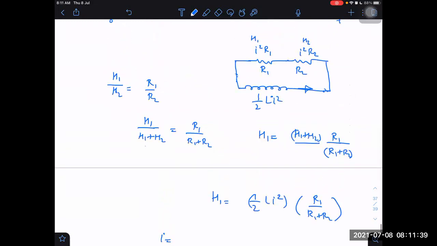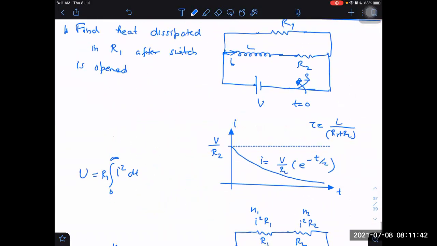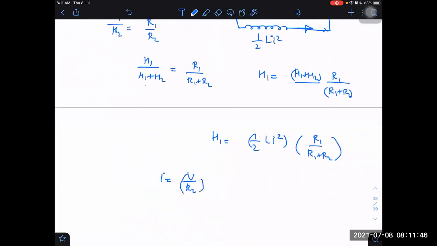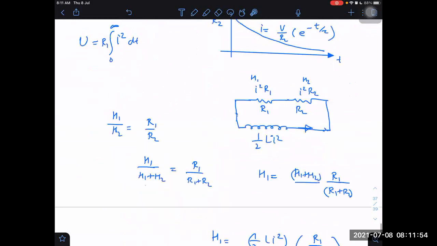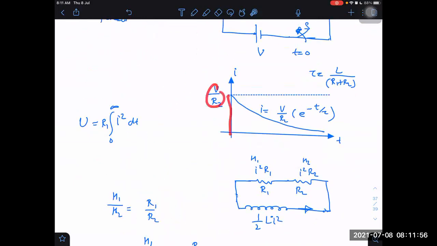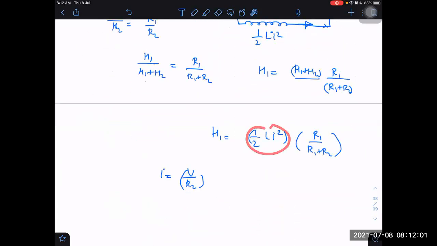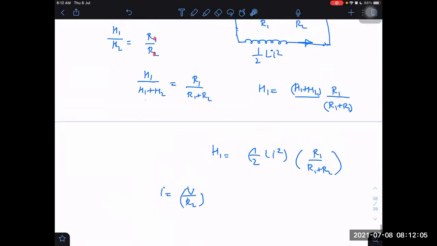I was nothing but V by R2, the initial value, or the maximum value. So the maximum energy stored was at T equal to 0, when the current was V by R2. This energy will finally be consumed in R1 as well as in R2, in the ratio R1 to R2. Understood?